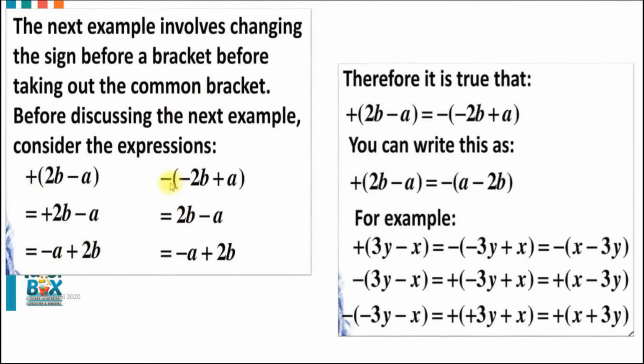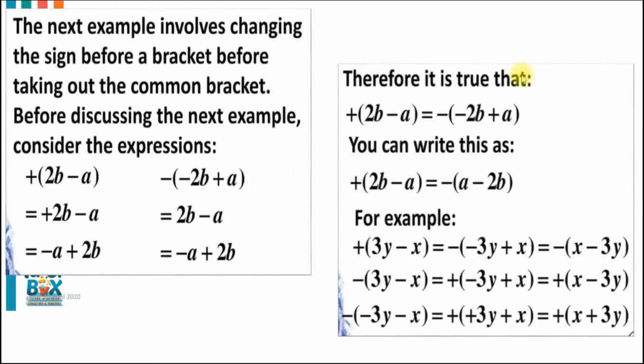Same thing here. I have minus now, and then minus 2b plus a. Okay, so this will be equal to 2b minus a, which is equal to minus a plus 2b, right? So that means that we're getting the same thing, right? So basically this and this are the same, right? So here they just rewrote in a different way, but these two are the same.